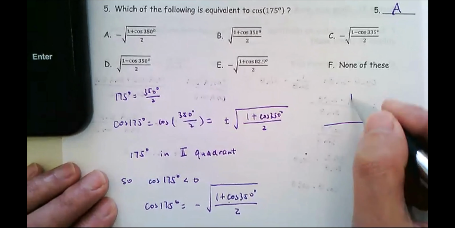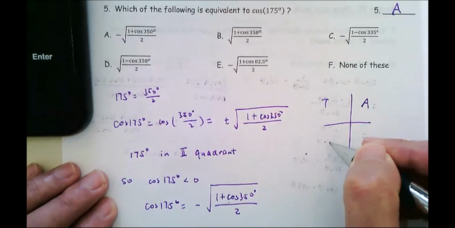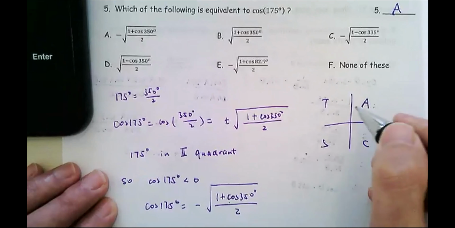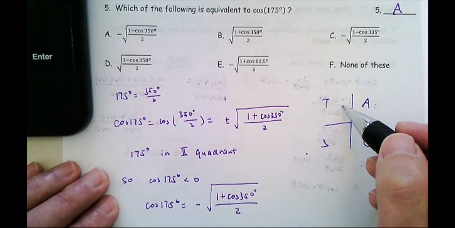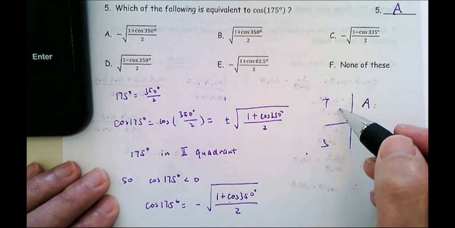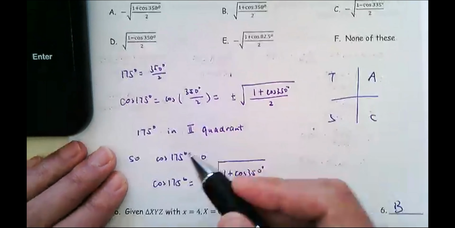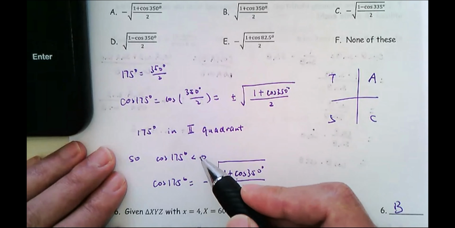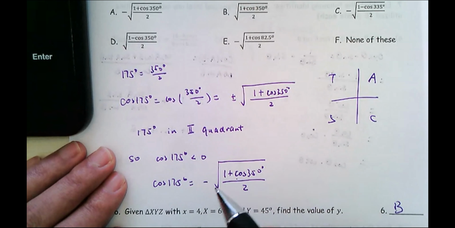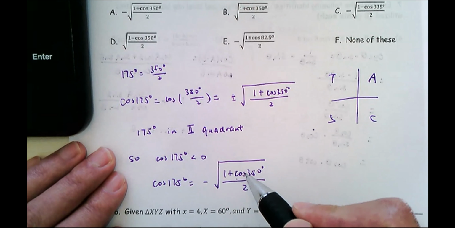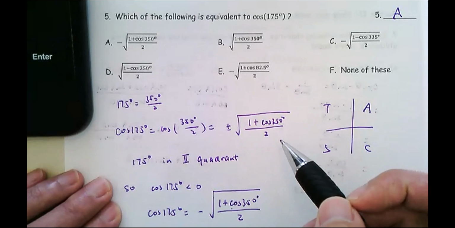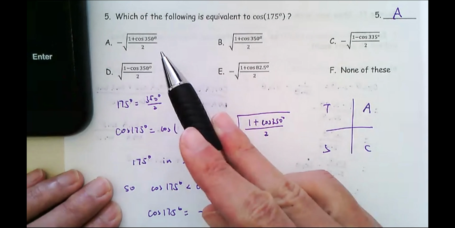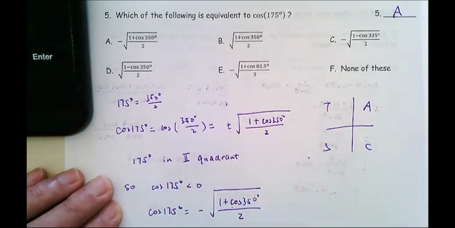Remember the ASTC rule. In the second quadrant, unfortunately, cosine is negative. So cosine 175 is negative, and you have to use the negative. So it's negative the square root of (1 plus cosine 350) over 2. So the answer is just A. That's it.